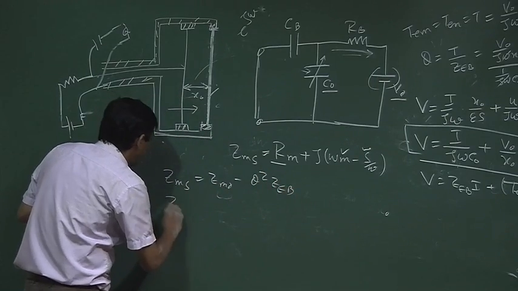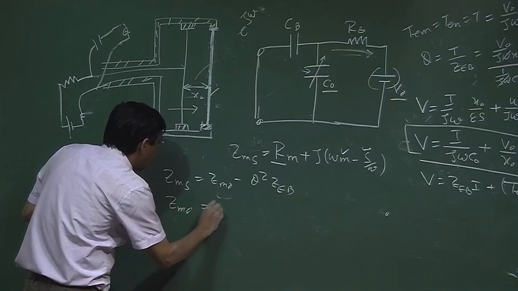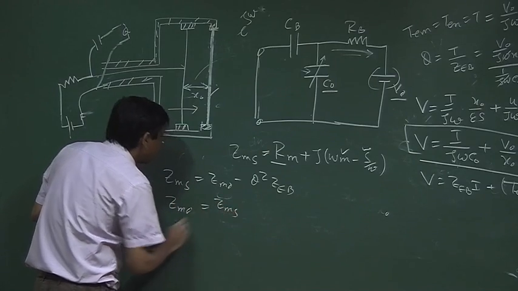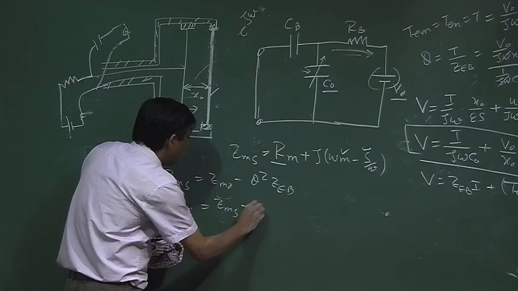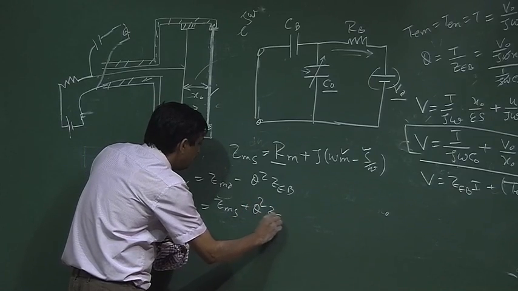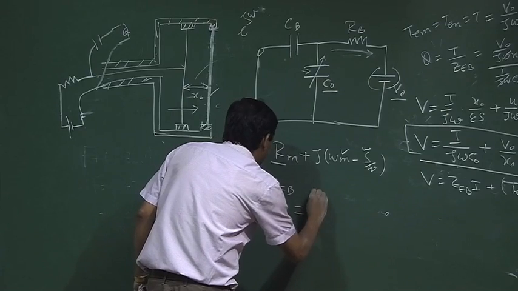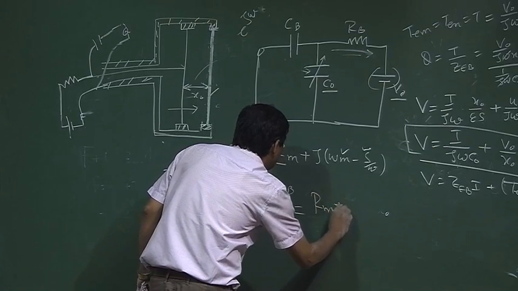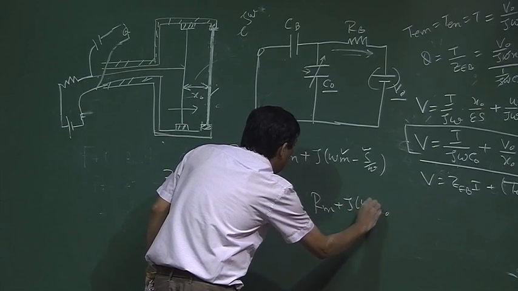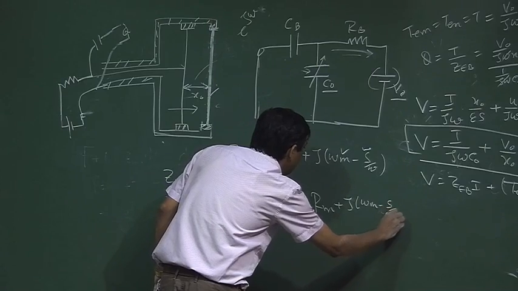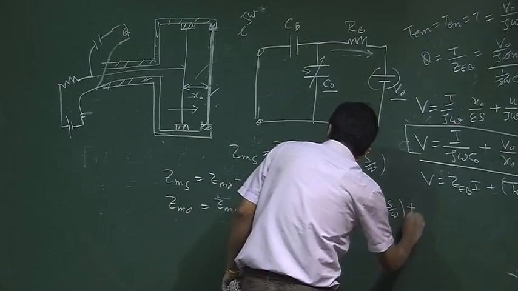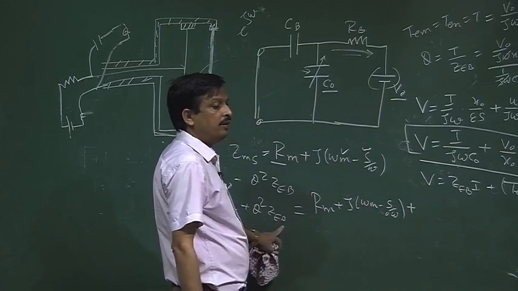So, I can write ZMO is ZMS plus phi square ZdB. What is ZMS? Rm plus j omega m minus S by omega, plus phi square ZdB.